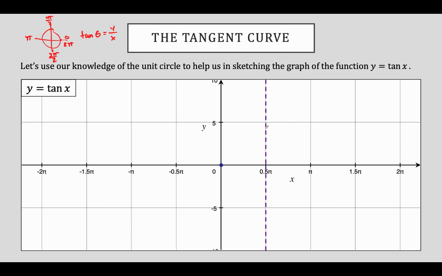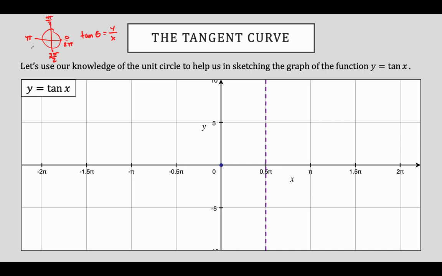You might recall back to when we studied rational functions, whenever we had a fraction that gave us a non-zero divided by 0, we had a vertical asymptote. So at pi over 2, evaluating the tangent of pi over 2, we have 1 divided by 0. That's undefined. Therefore, if I plug in pi over 2 for x into my tangent function, I have to get out an undefined value, generating this vertical asymptote.